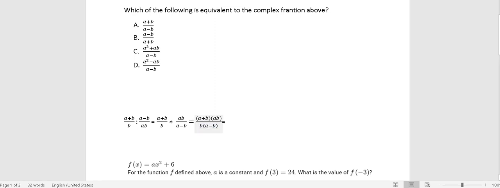So we need to see which term is common here. It is b. B is a multiplied term, and the b here is also a multiplied term. And so that gives us the final expression: a plus b times a, and in the denominator is a minus b.